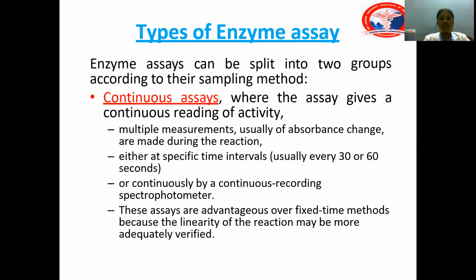These assays are advantageous over fixed time methods because the linearity of the reaction may be more adequately verified. That is, since it is measured continuously, we can check the linearity. That is, once we increase the concentration of the enzyme, how much the rate of reaction changes can be measured.